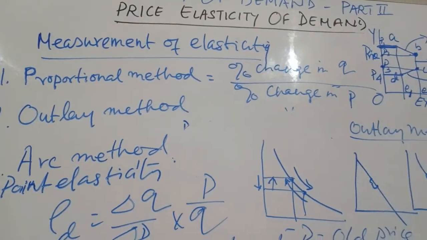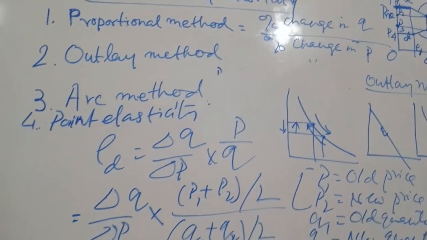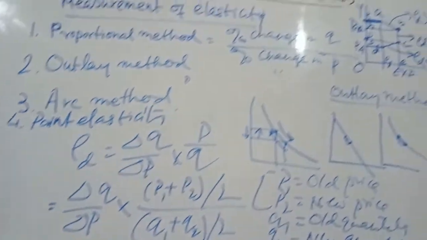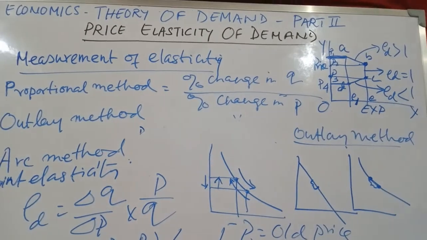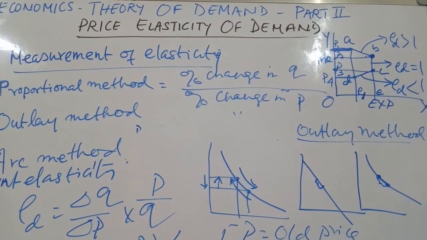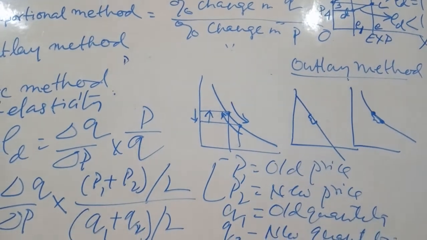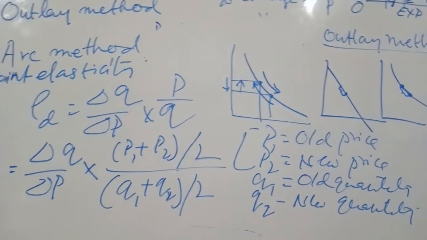So this video was part 2 of theory of demand, focusing on price elasticity of demand. There are different types of elasticities, namely price elasticity, cross elasticity, income elasticity, and elasticity of substitution.